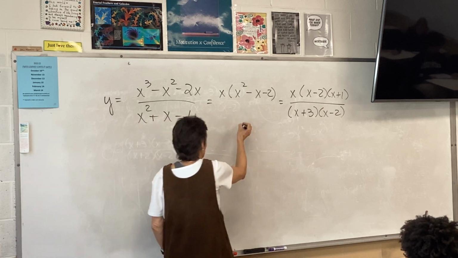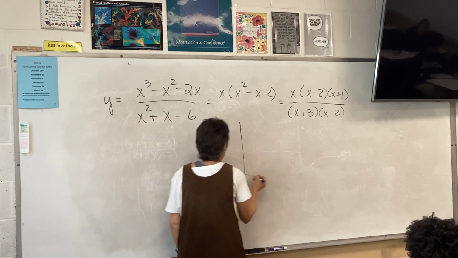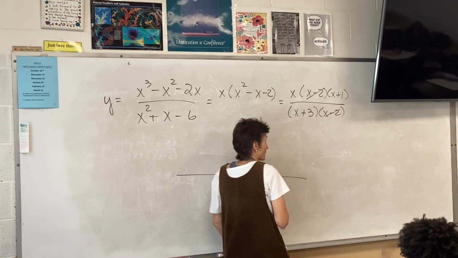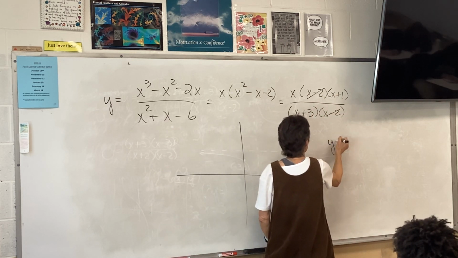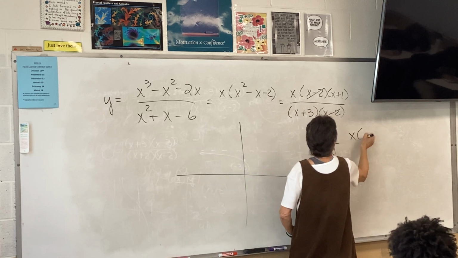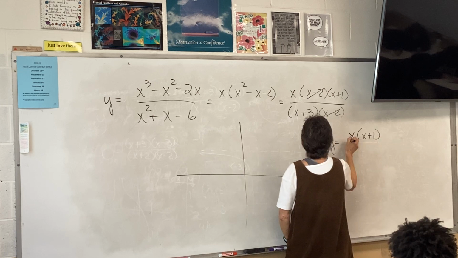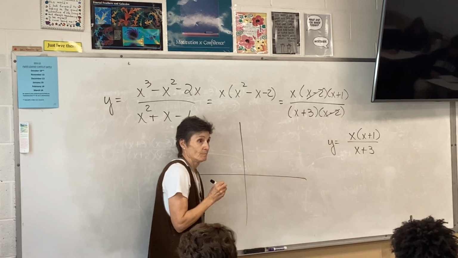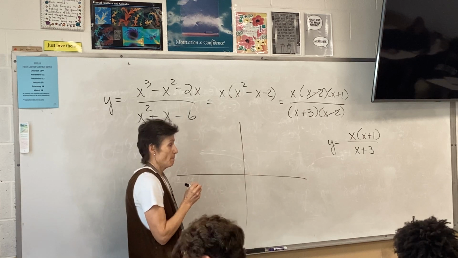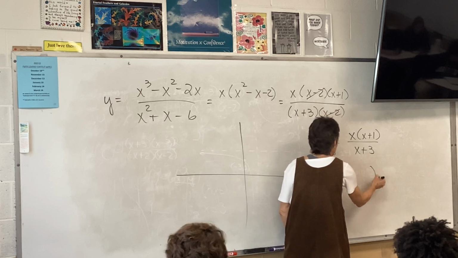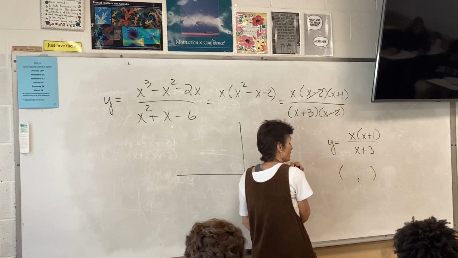Well, I see a cancellation. So my problem is really going to just boil down to being x plus 1 over x plus 3. Would you agree with that? But this factor that I canceled out still has an impact in the picture.